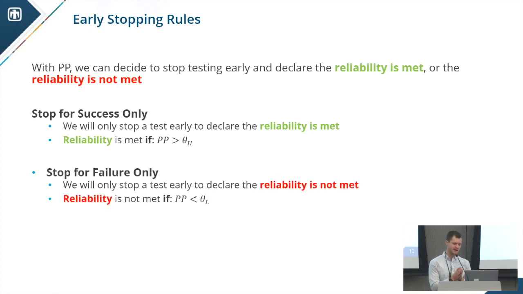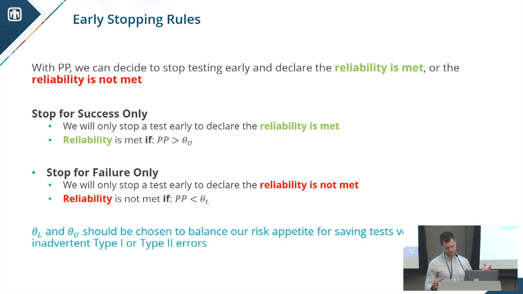You could do the same if you only want to stop a test early for failure. You say, I'm going to collect all my data unless things start to look really bad. In that case, you'll pick some lower threshold where, if your predictive probability drops below it, you'll say the chance of me observing enough data to reject the null hypothesis is very low. So let's save the remaining resources, make the required fixes, and use that hardware for a future date.